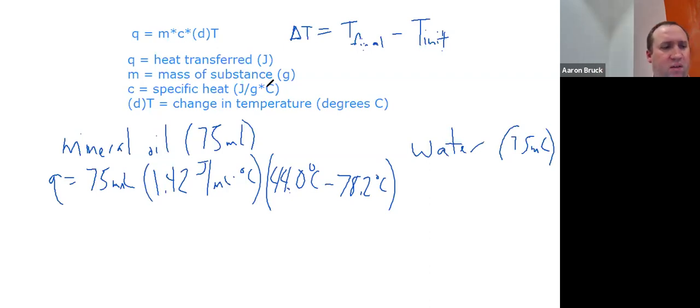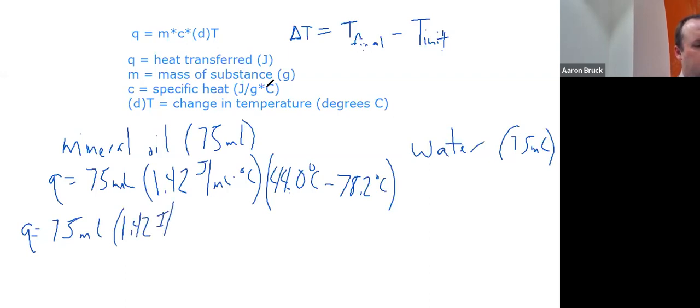So if we do the calculations, well, let's do the subtraction first. 44 minus 78.2 would give us negative 34.2 degrees Celsius.